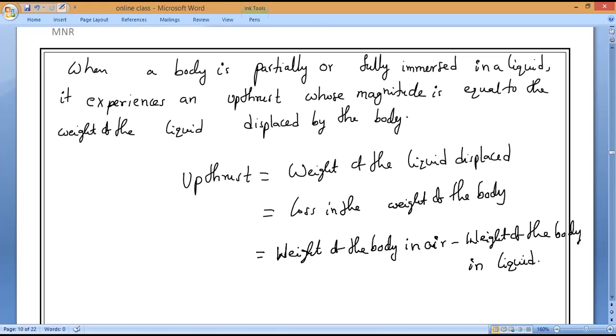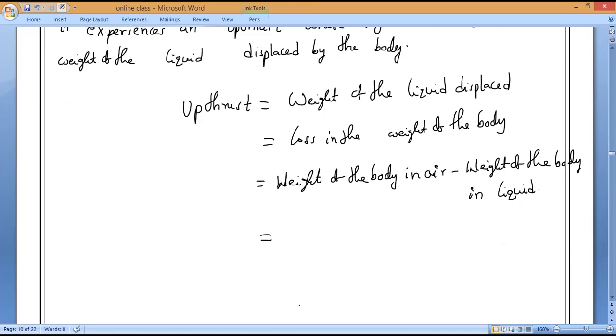So the loss in the weight of the body, or upthrust, is equal to W1 minus W2, where the weight of the body in air is W1 and the weight of the body in liquid is W2. That loss in weight equals upthrust.